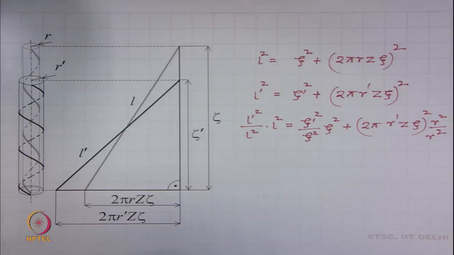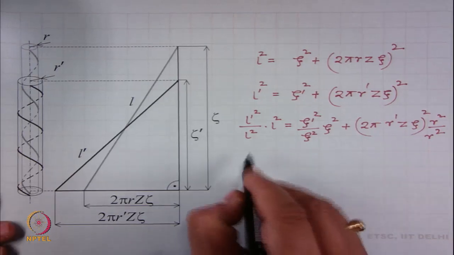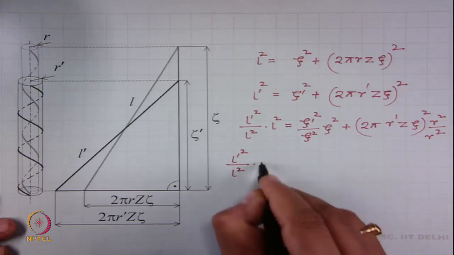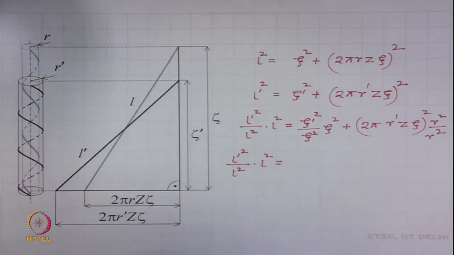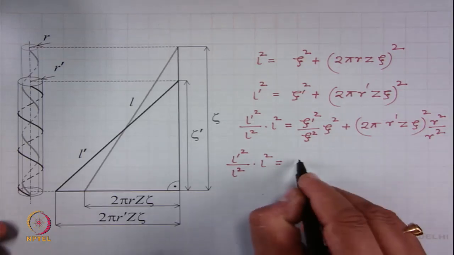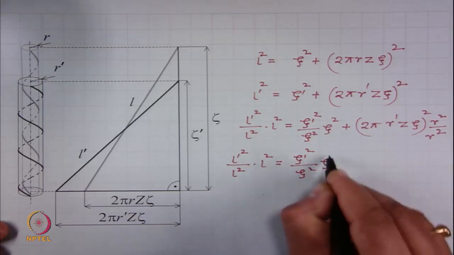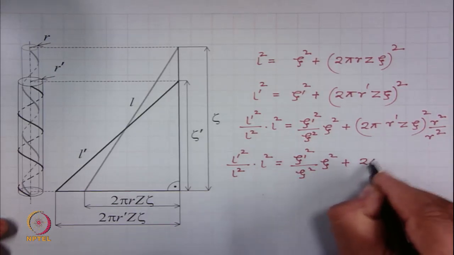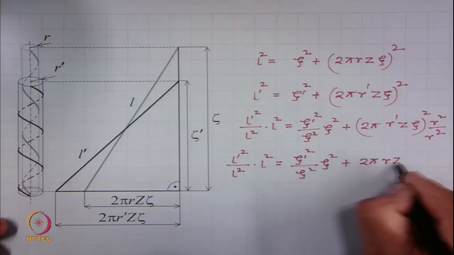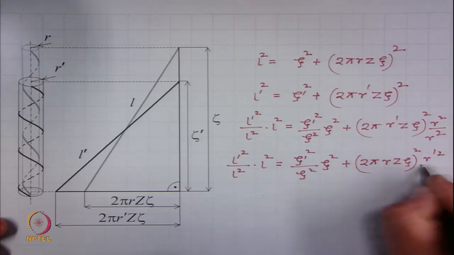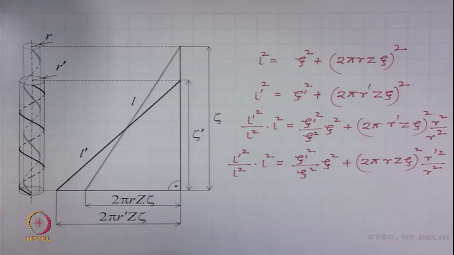In this form, two pi r z zeta square, r squared by this. Okay.